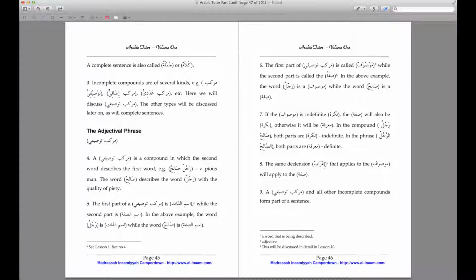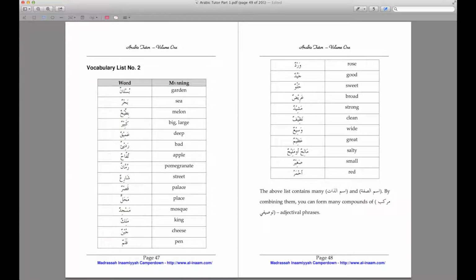Okay, so vocabulary list. Try to memorize these. I'll try to memorize these with you as well. Garden, bustan, bahar, sea, melon, bittikhun, I didn't know that.